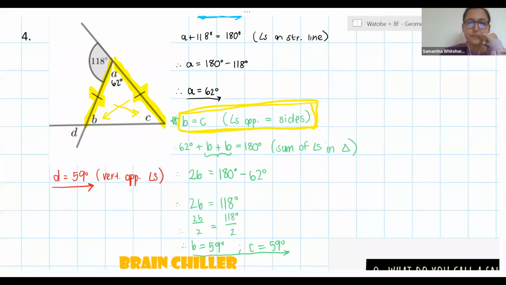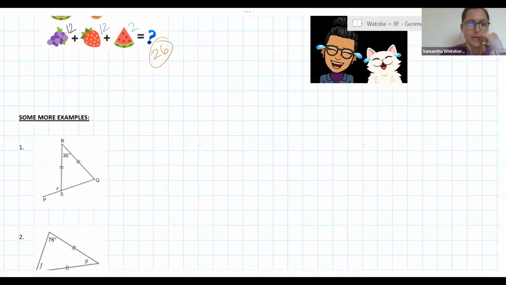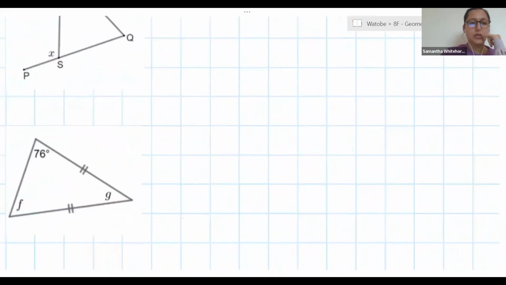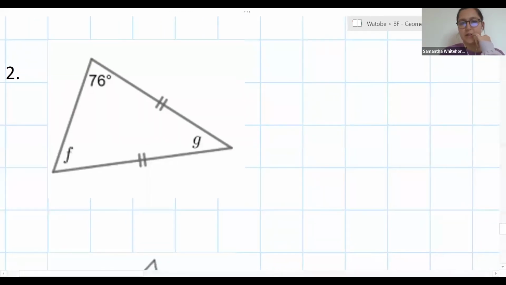Alrighty. So let's have a look at another one. Let's try question 2 over here. Right, so F and G, I'm going to give you a minute or two to give it a try, and then we'll have a look.